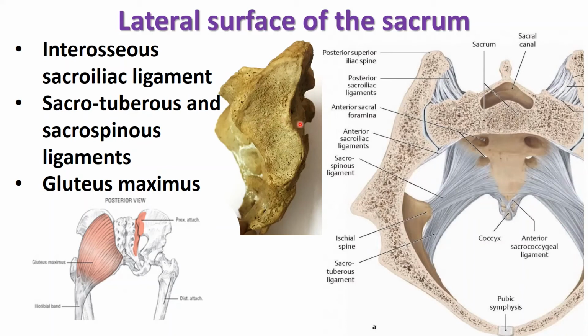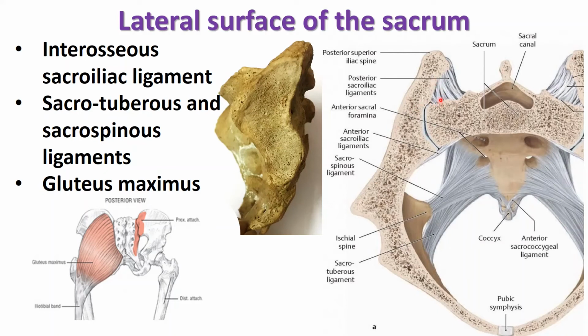The rough area behind the auricular surface shows 2 or 3 marked depressions for the attachment of strong interosseous ligament, which is a massive and very strong ligament and is the chief bond of union between the sacrum and ilium.